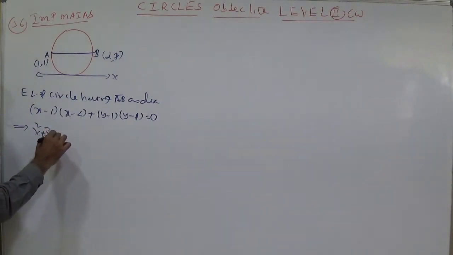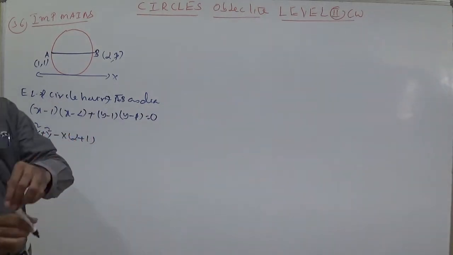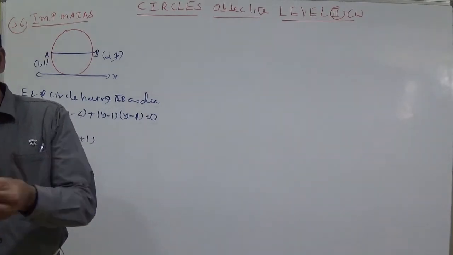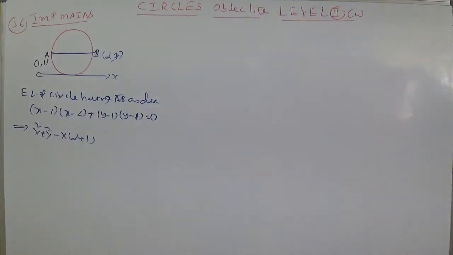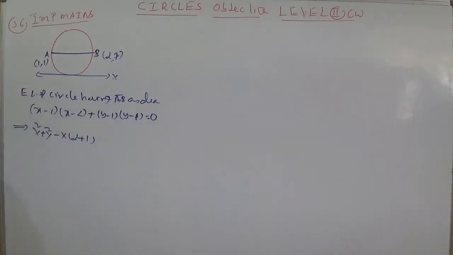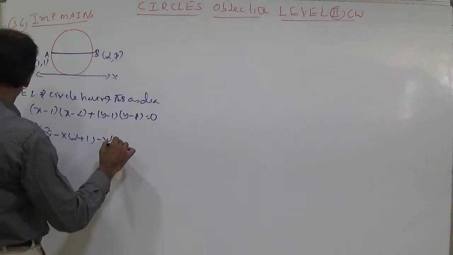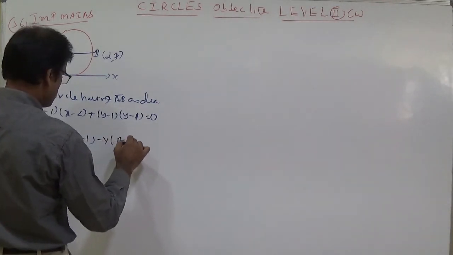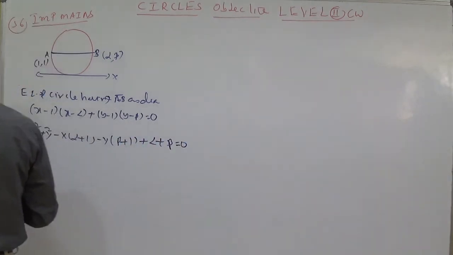So x square plus y square minus x into (alpha plus 1), and another, minus y into (beta plus 1), plus alpha plus beta equal to 0.